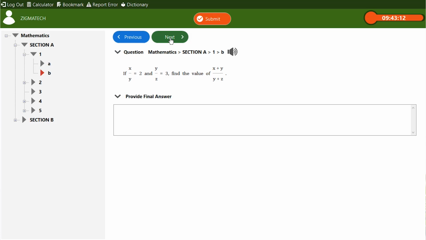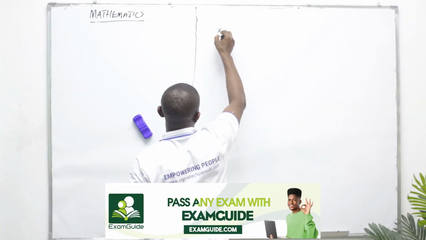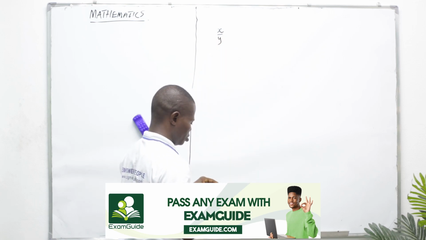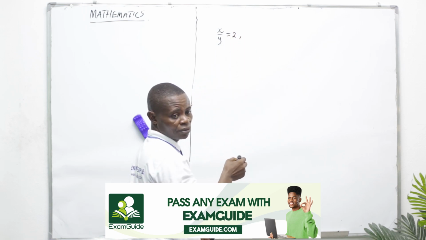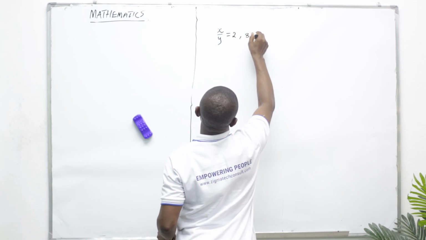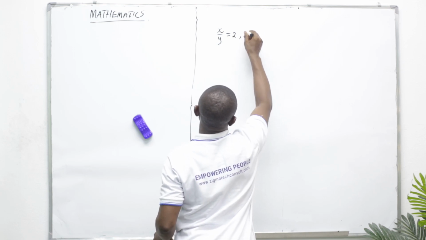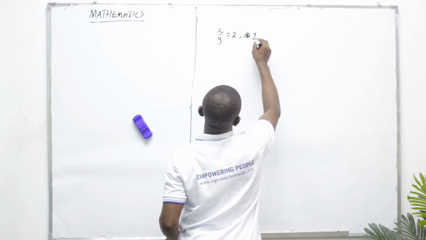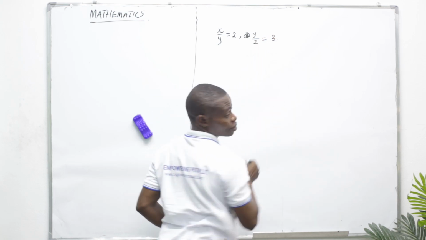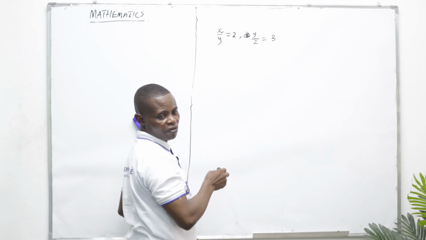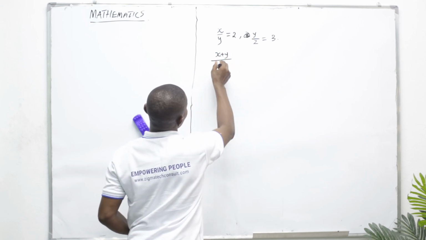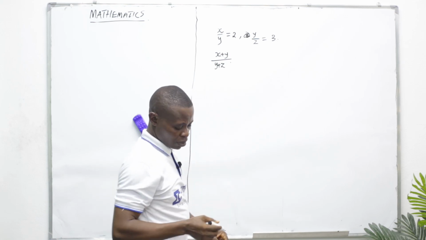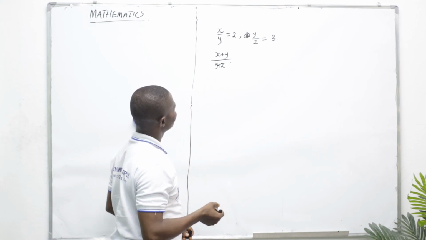This is a ratio question, as in x all over y equals 2, and y all over z equals 3. We are looking for the value of x plus y all over y plus z.